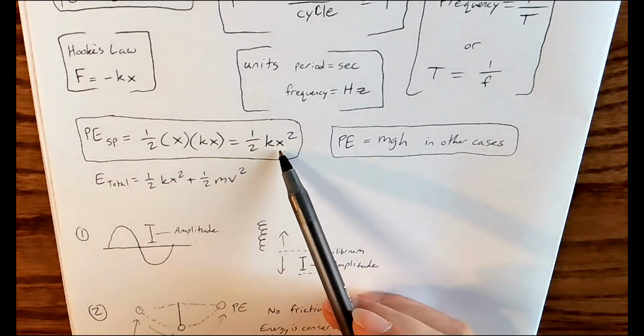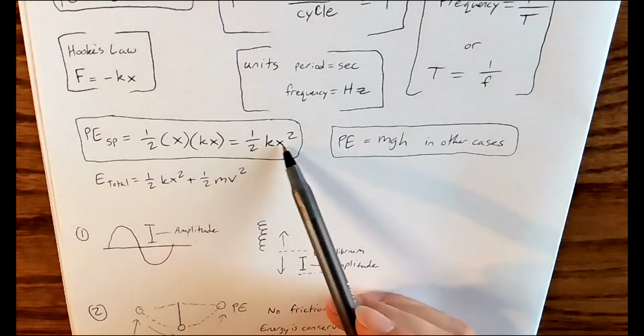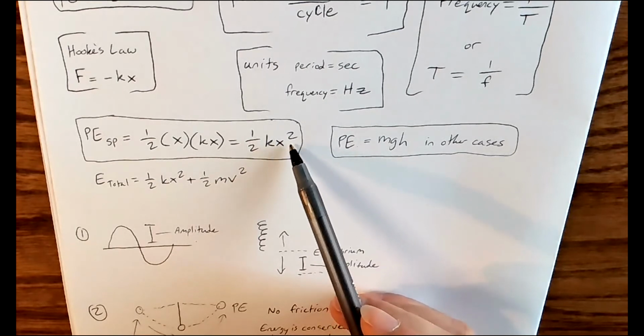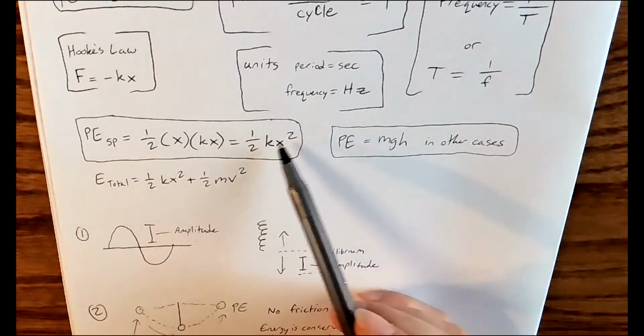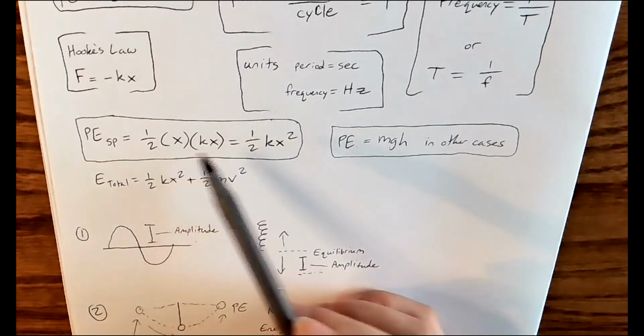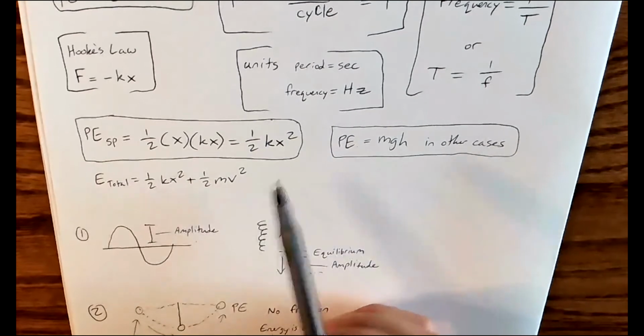And since spring A had a higher displacement, it will have more potential energy. The more displacement, the more potential energy a spring has.